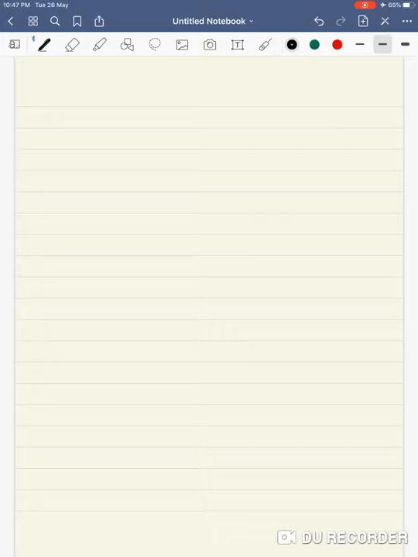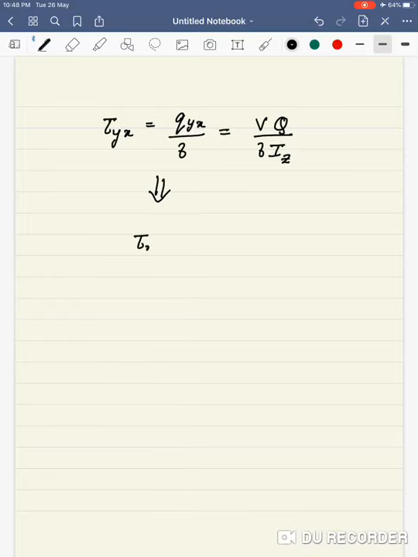It's not necessarily circular. So let's just say it's a constant beam width. If it is, then tau yx can become qyx divided by b, and this would be VQ by b Iz. And since tau yx is equal to tau xy, this gives us tau xy equal to VQ by b Iz.